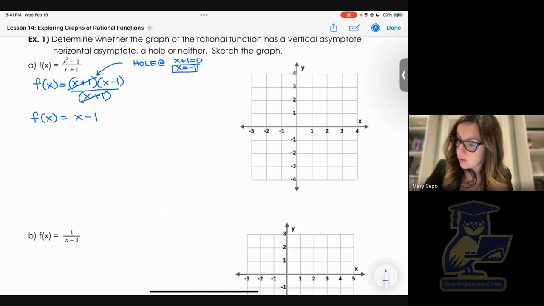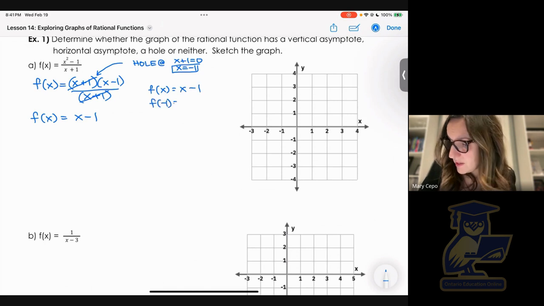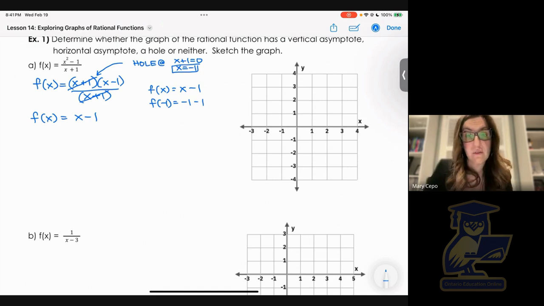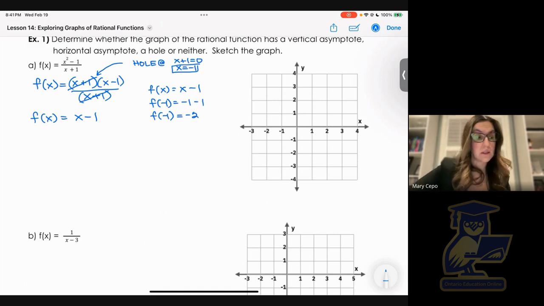So in order to do that, we take the simplified function and we sub in negative 1 to find out what the corresponding value of y would be. So even though we simplified into a nice linear function, we need to make sure that the hole exists at that point. When x is negative 1, y is negative 2.